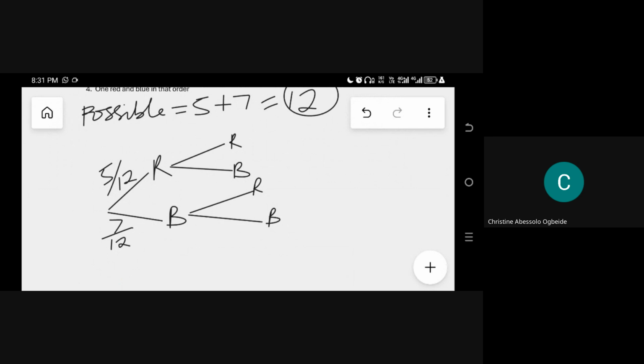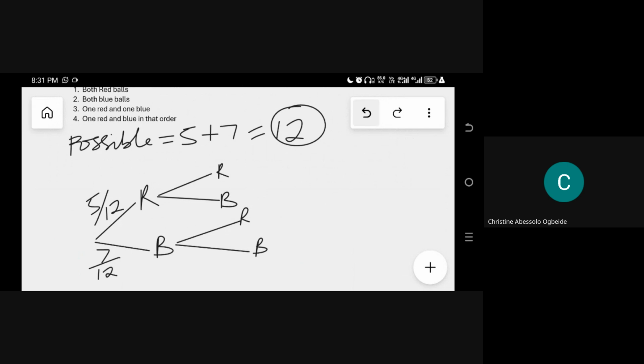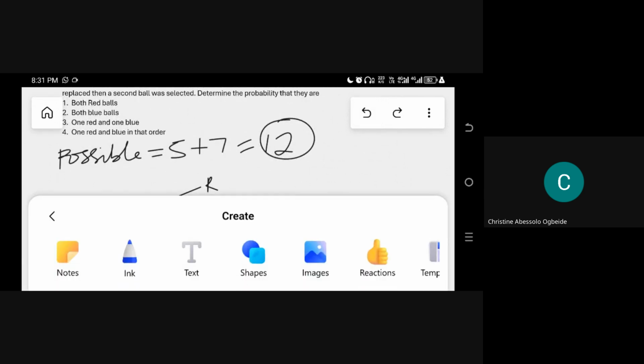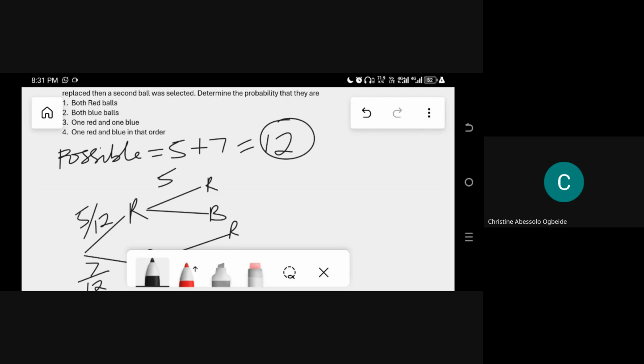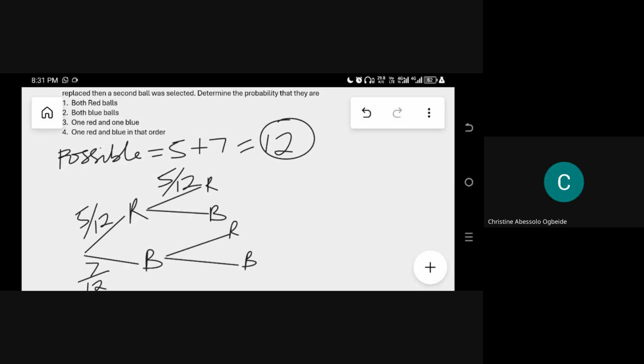So if you picked red the first time and you had to keep it back in the bag to pick again, the probability of picking red again would still be 5 over 12. This is the second time. The first time is the first tree, and the second pick is this other one now. So if you picked red the first time, picking red the second time would still be 5 over 12 because you replaced that ball back.